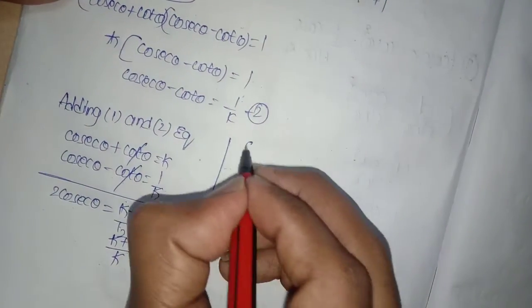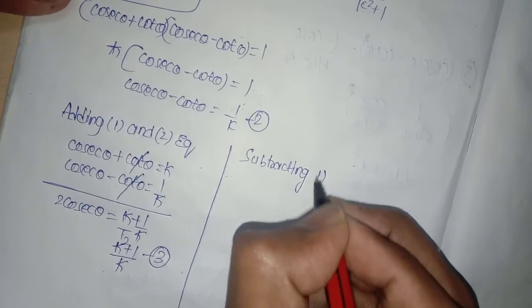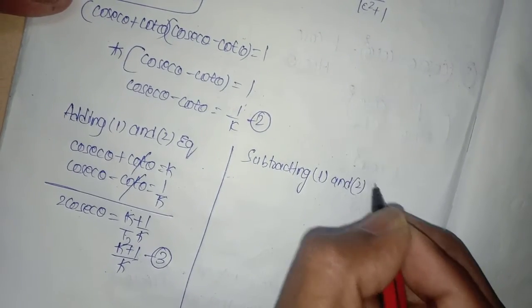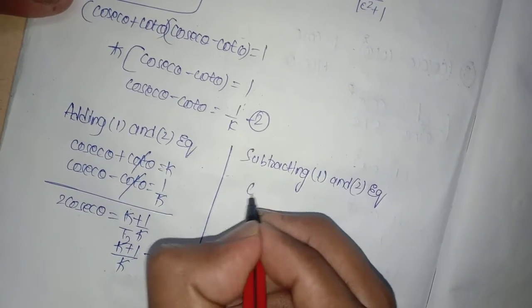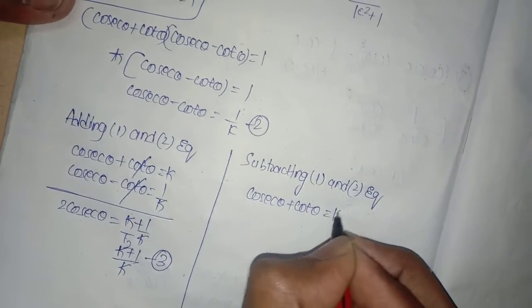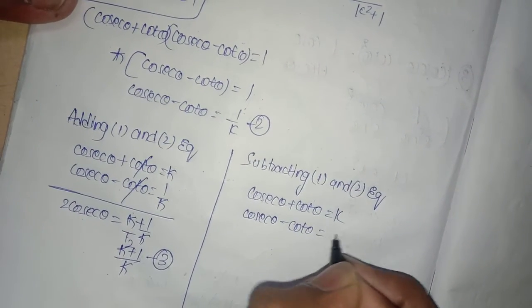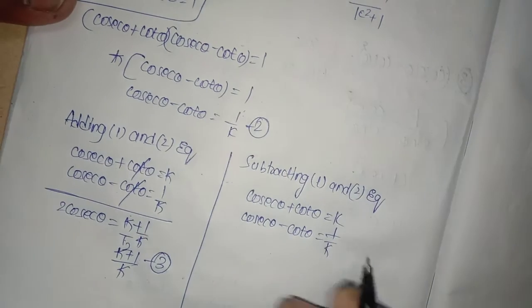Next, subtracting equations 1 and 2. Cosecant theta plus cot theta equal to k. Cosecant theta minus cot theta equal to 1 by k.